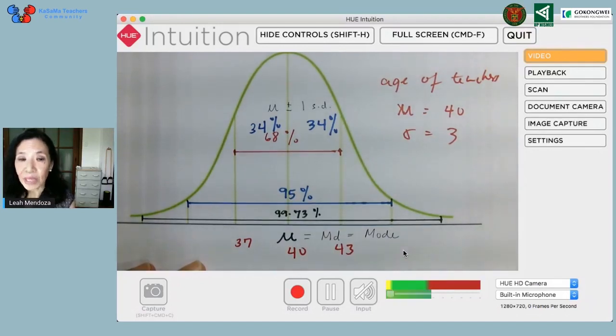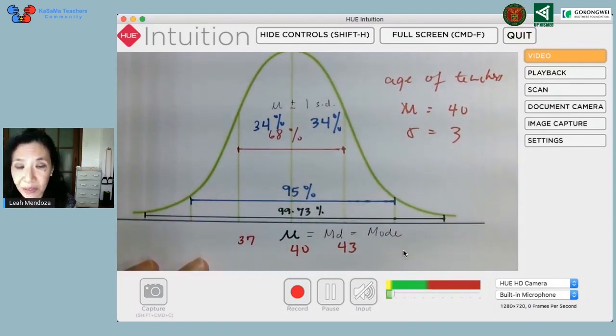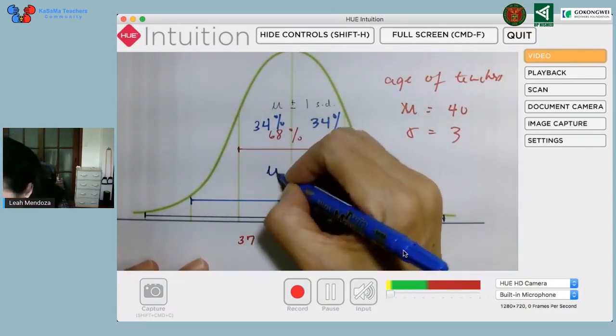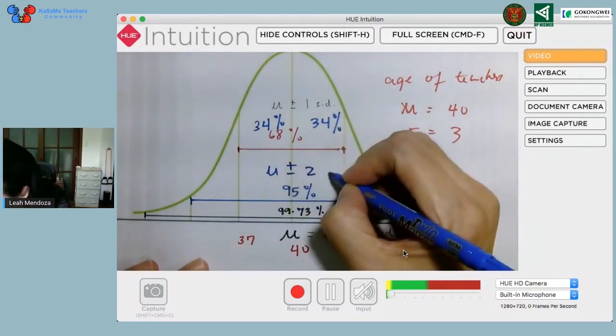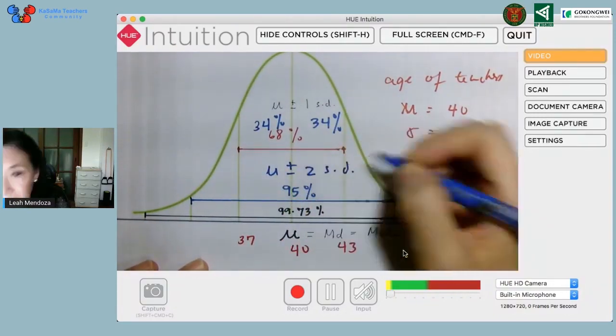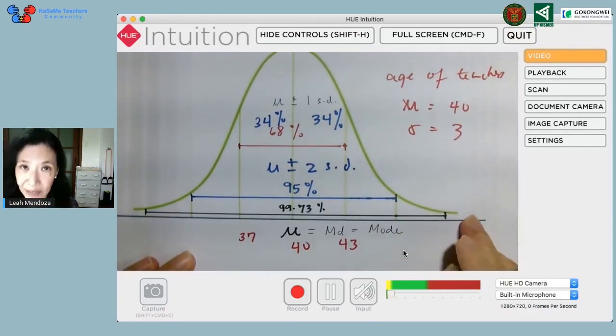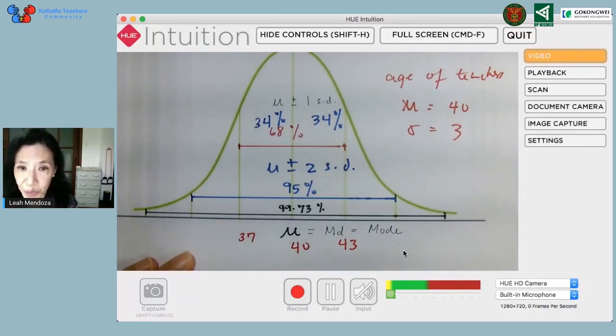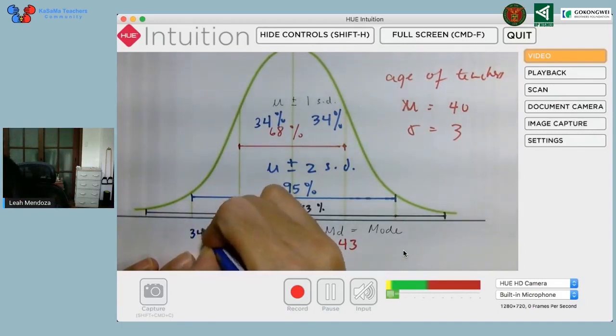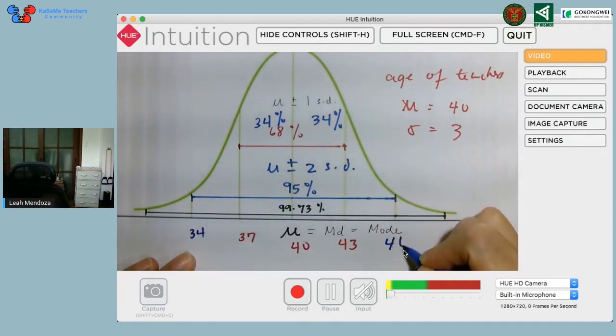Okay, now how about between mu plus minus 2 standard deviations? And then we have approximately 95% of the data lie between these 2 points. So what ages would those be? So that would be 34 and 46.